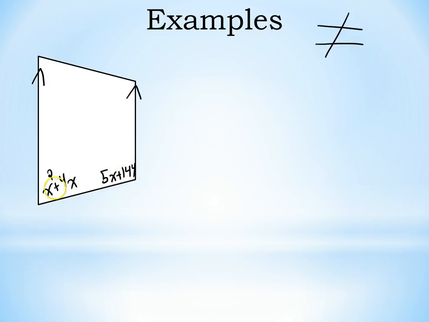One angle is x squared plus 4x, the other one is 5x plus 144. So we have these two parallel lines, and we essentially have this transversal, if I were to extend it. So if that's my transversal, these two angles are both on the same side of it, and on the inside of my two parallel lines. That makes them consecutive interior angles, so therefore they have to add to be 180 degrees.